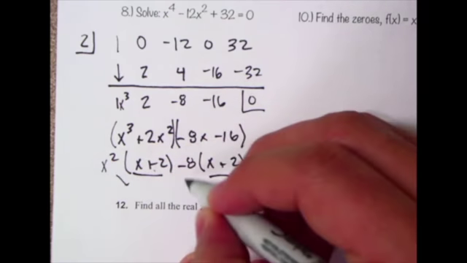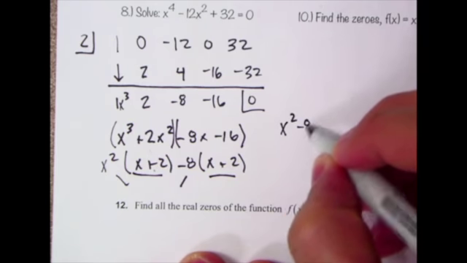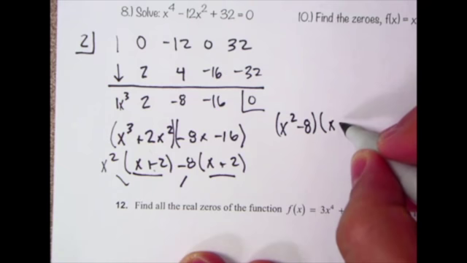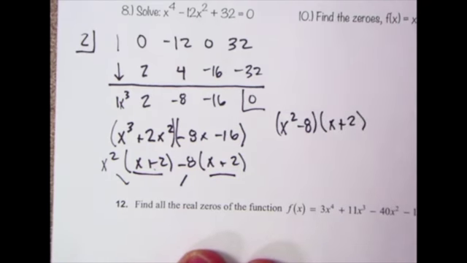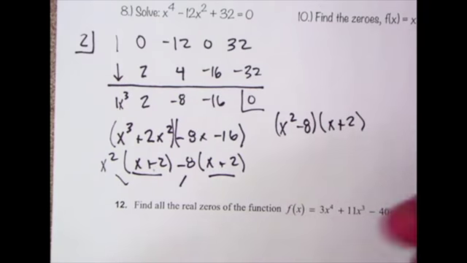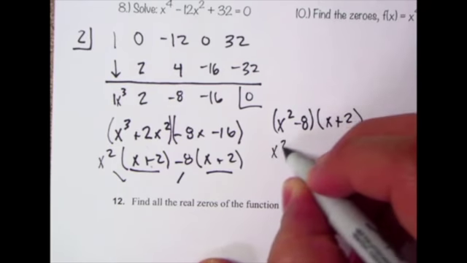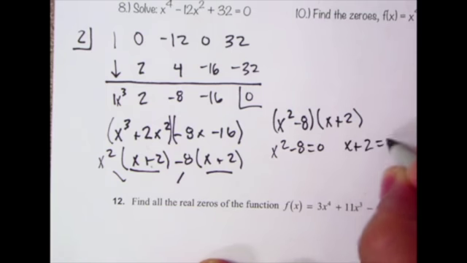I combine the 2 GCFs into x squared minus 8, and then the common factor of x plus 2. Now I'm not quite done because the goal here was to solve, right, to get answers here. So I'm going to set each of these equal to 0. X squared minus 8 equals 0, and x plus 2 equals 0.